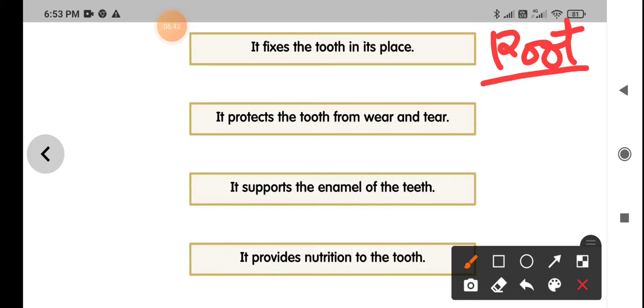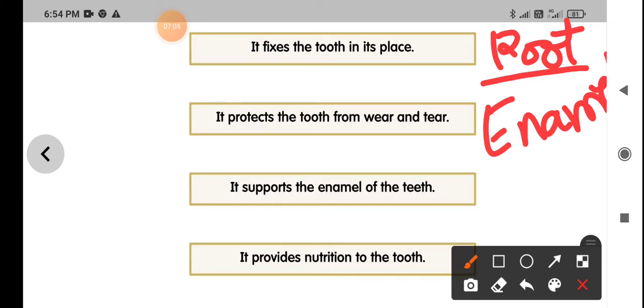So the second clue for you: it protects the tooth from wear and tear. So which part is protecting the tooth? The very first part in the crown area, that is enamel. Which part is protecting? Enamel. It's just a hint to you. The complete word you can write. It supports the enamel of the tooth.